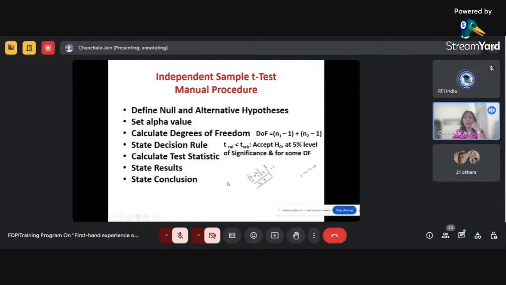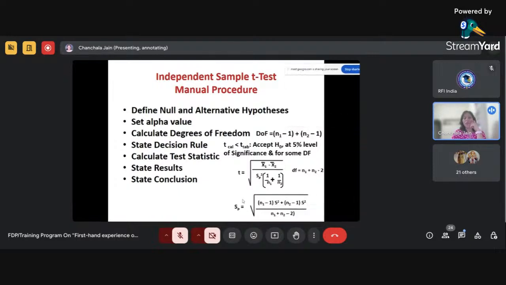Then you need to calculate the t value. This is the formula we manually use to get the t value, where SP is the pooled standard deviation, or pooled variance if squared. We can use this particular formula to get SP, replace the remaining values, and take the square root, which will return the t value.